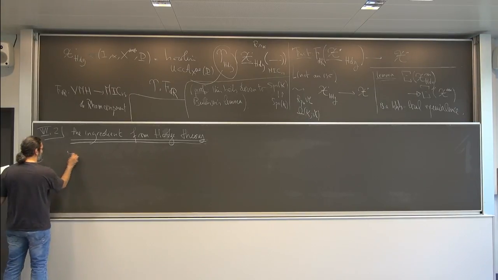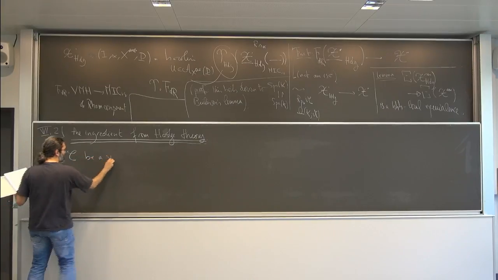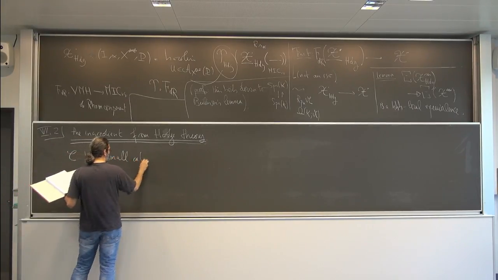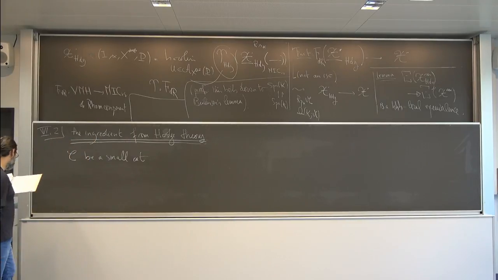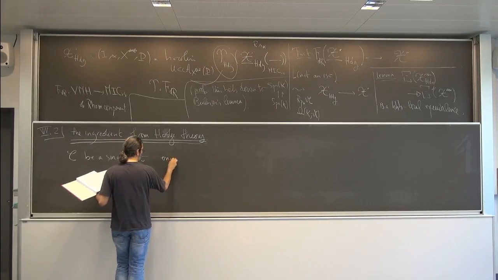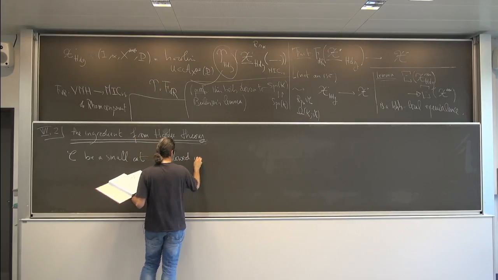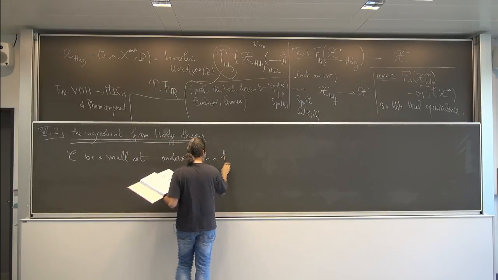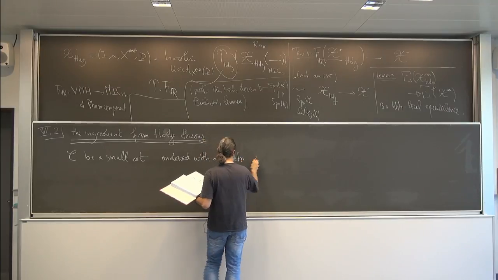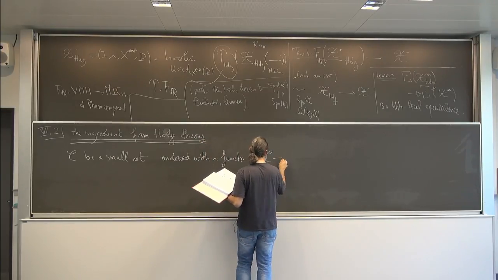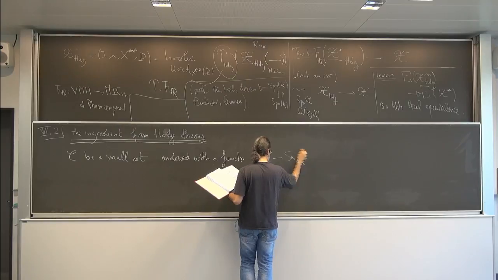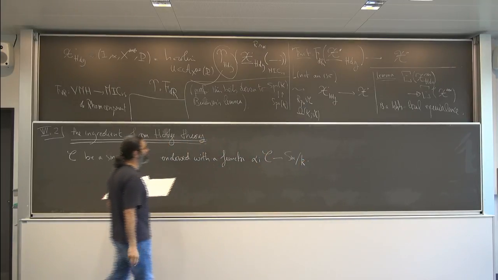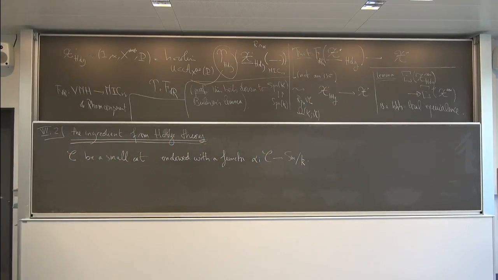So let C be a small category endowed with a functor alpha from C to smooth varieties. So C, of course, will be this triple, and alpha will be just sending this triple to U. Okay, this is somehow the example I have in mind.